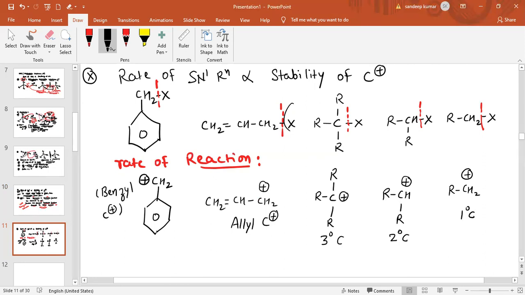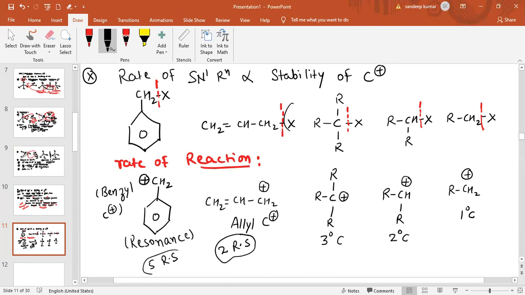When you compare the stability, in benzyl there is resonance, with 5 resonating structures. More resonating structures means a more stable carbocation. In allyl carbocation there are also resonating structures, but only 2.